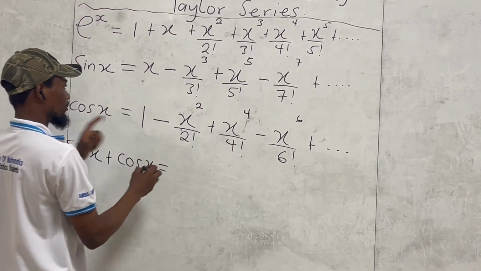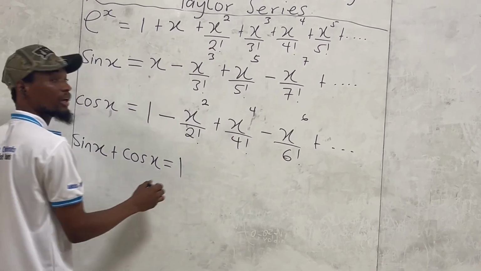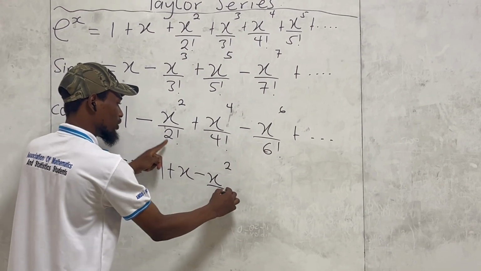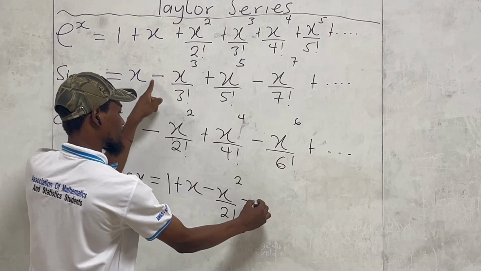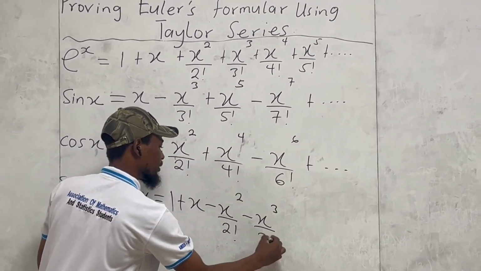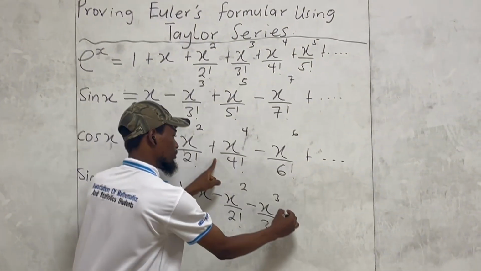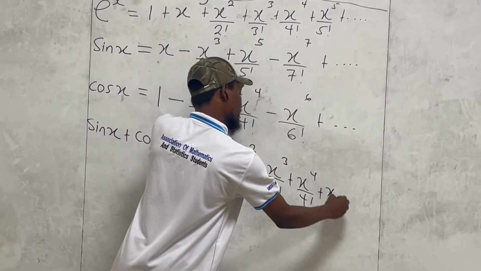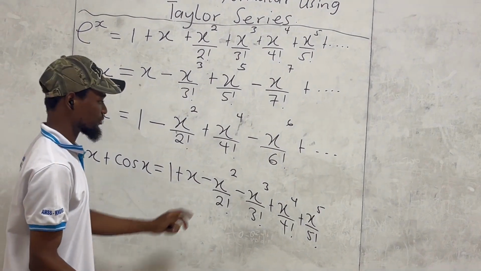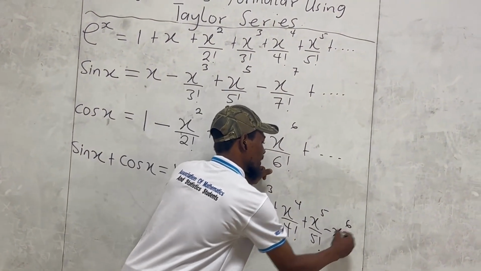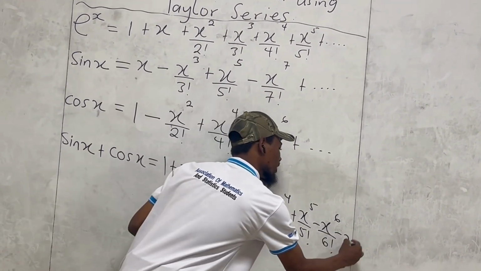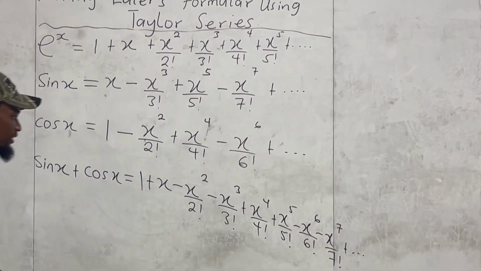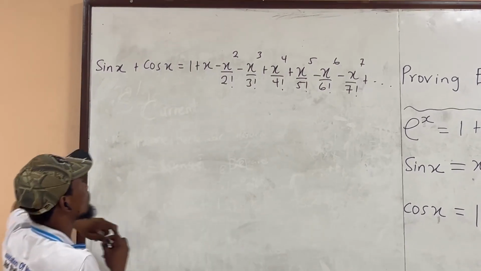So I have 1 plus x, then minus x to the power 2 over 2 factorial, then minus x to the power 3 over 3 factorial, then plus x to the power 4 over 4 factorial, plus x to the power 5 over 5 factorial, then minus x to the power 6 over 6 factorial, then minus x to the power 7 over 7 factorial, then plus, and so on.